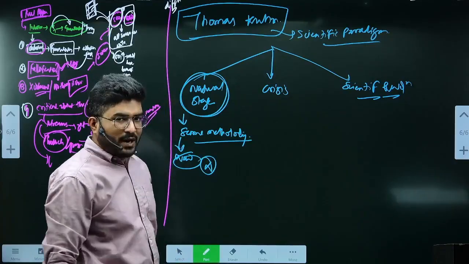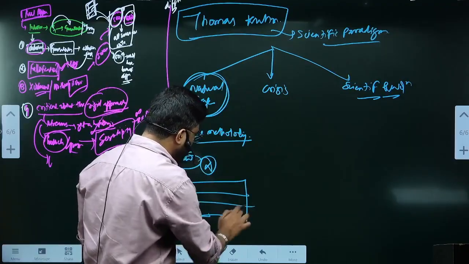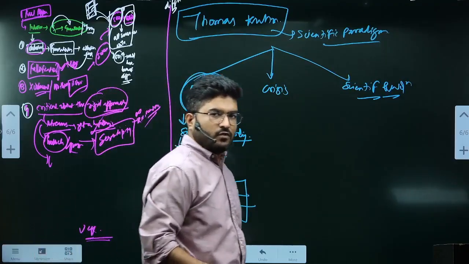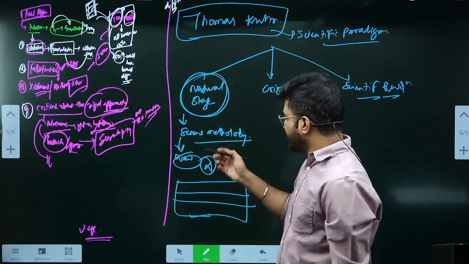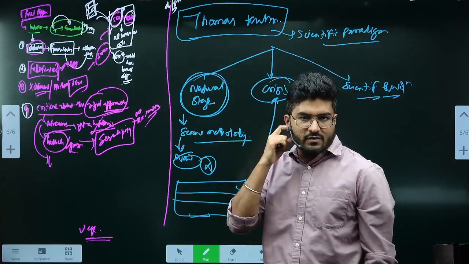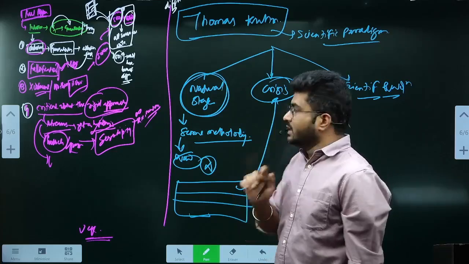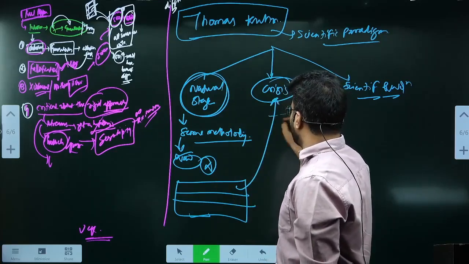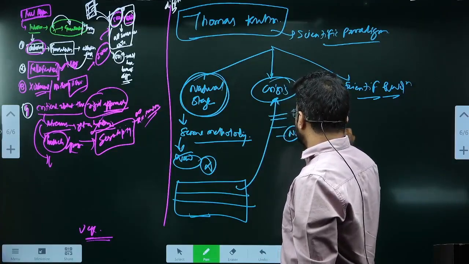Okay, but when a few of them are not able to comprehend that information, not able to utilize that information, then there will be a crisis period in science. In this crisis period, there will be development of new scientific methodologies.